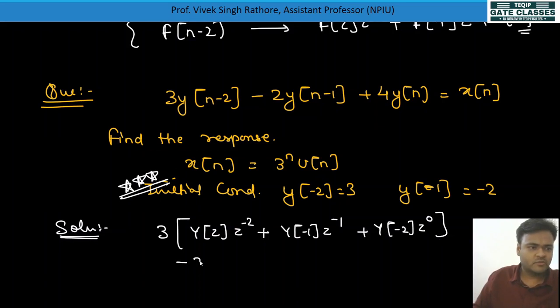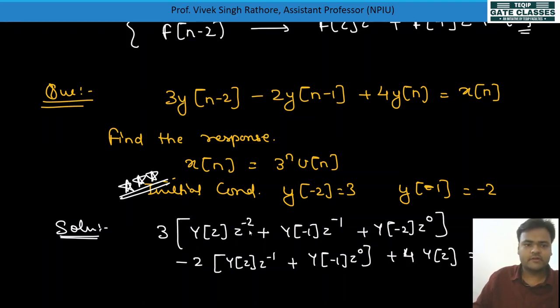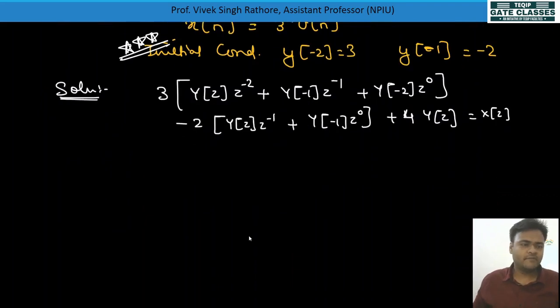Then minus 2 Y(z) z to the power minus 1, plus y(minus 1) z to the power 0, it will go on, plus 4 Y(z) is equal to X(z).